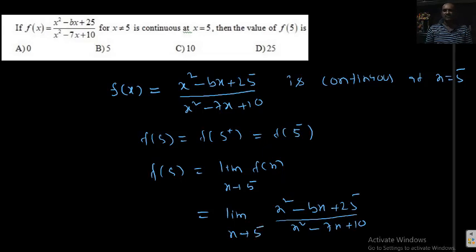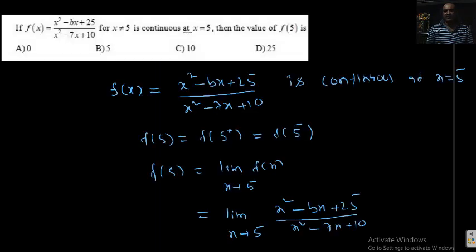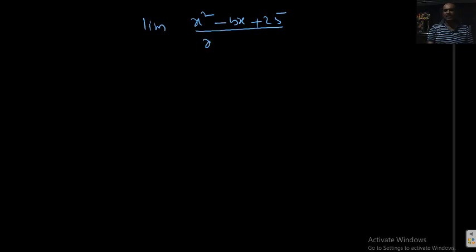Okay students, in the next page again I will write the same step. Limiting value of (x² − bx + 25)/(x² − 7x + 10), x tending to 5. Let it be result number 1.